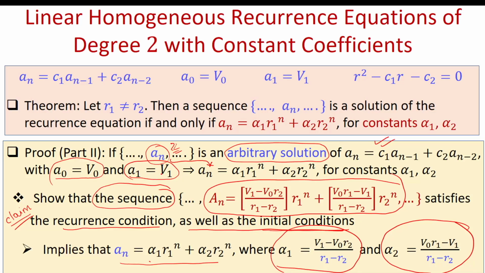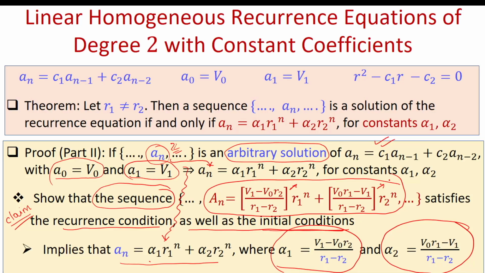So assuming my claim is true, I end up showing that the arbitrary solution whose nth term I don't know is of this form: constant times r1 power n plus constant times r2 power n, because as per my claim there is another sequence whose nth term is v1 minus v0 times r2 over r1 minus r2 times r1 power n.